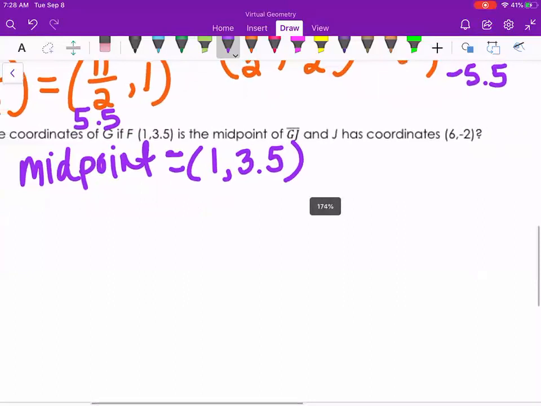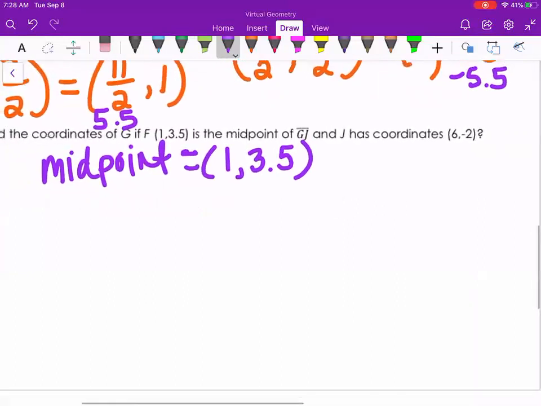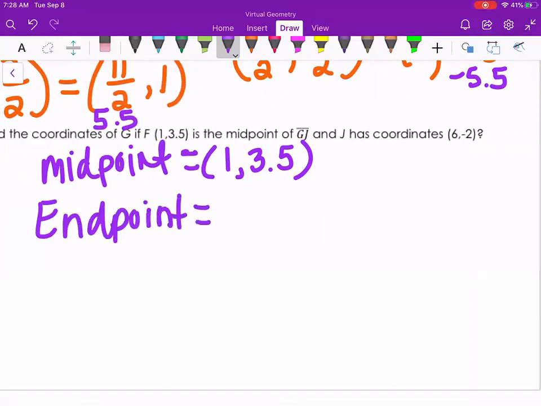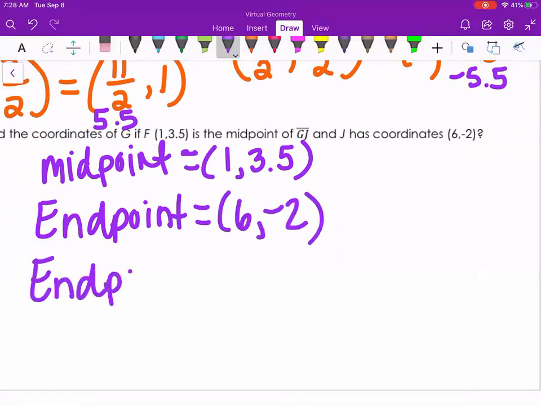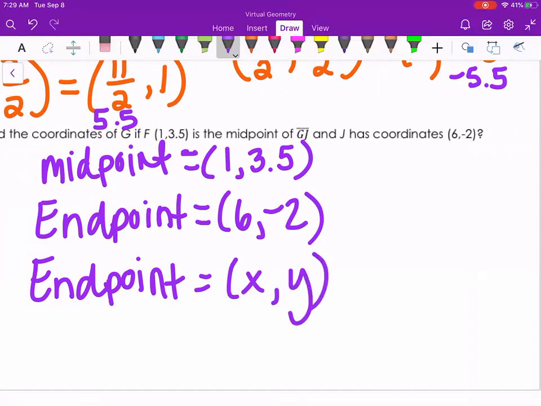So they've given you an end and they've given you the middle. We need to find the other endpoint. So they told us one endpoint was 6, -2. The other endpoint is what I have to solve for. So that's what I'm trying to figure out. Where's the other end? So let's solve this up.